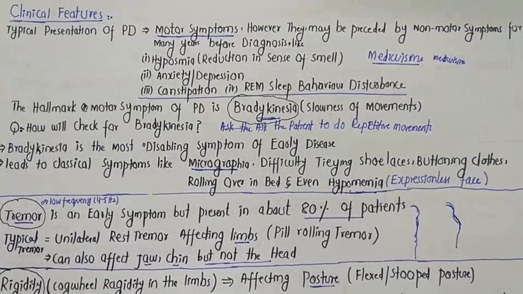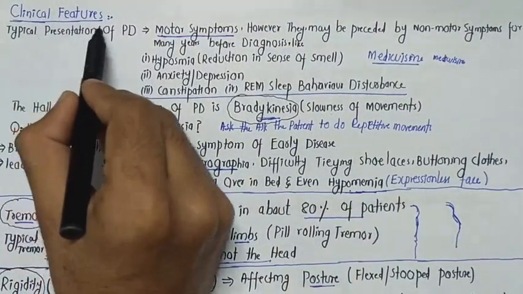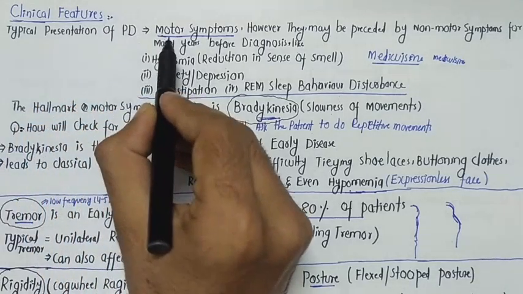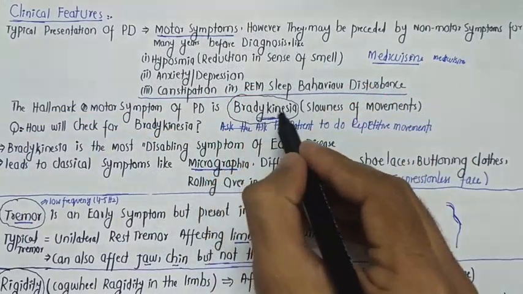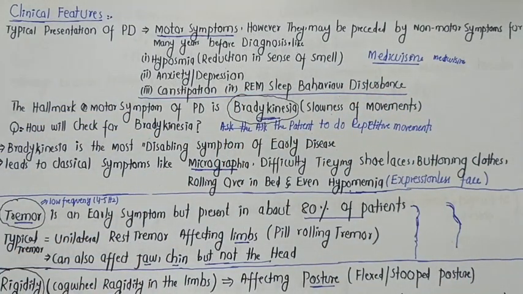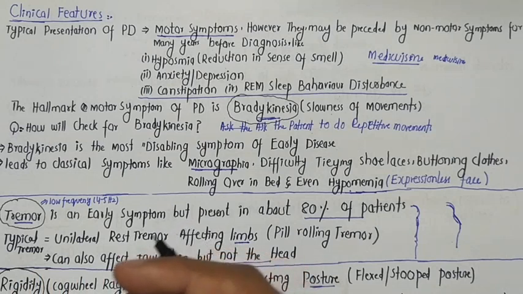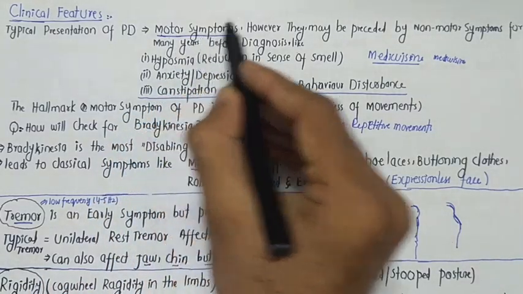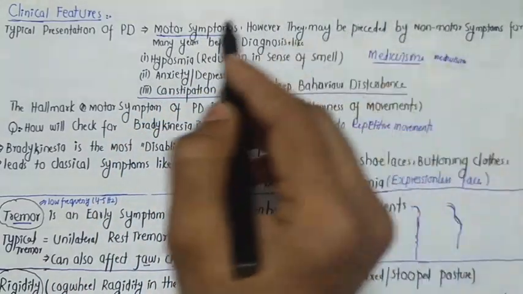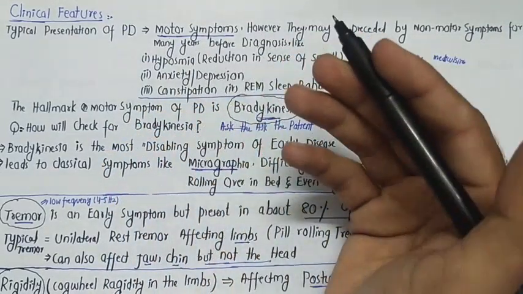Now we are into the clinical features of Parkinson's disease. The typical presentation is with motor symptoms like bradykinesia, tremor, rigidity, and postural instability. However, these motor symptoms may be preceded by non-motor symptoms for many years before the diagnosis is made.